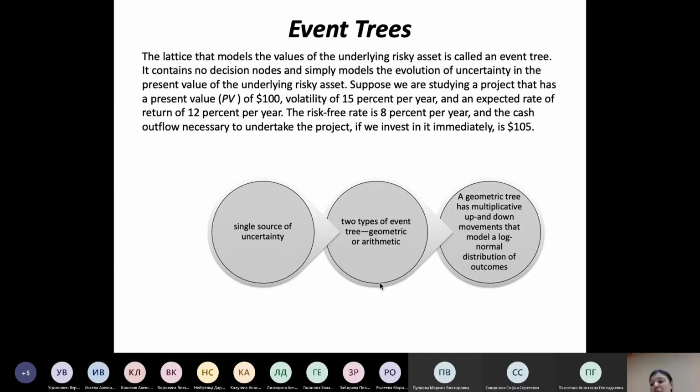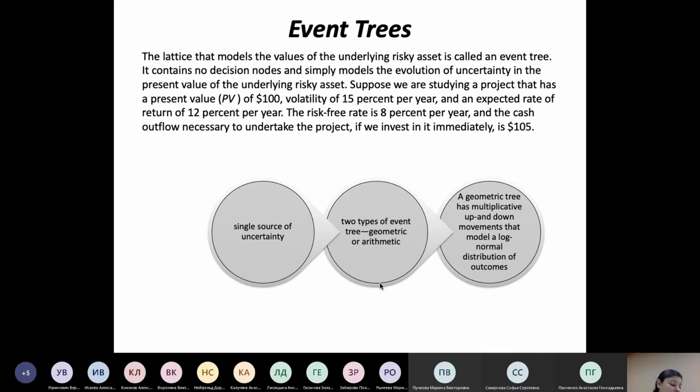First of all, as the graph interpretation of a real option, we'll construct our event tree, and then based on our event tree, we'll construct our decision tree. During our lecture, we'll analyze in detail our event tree, and secondly, in the seminar we'll start on the decision tree.